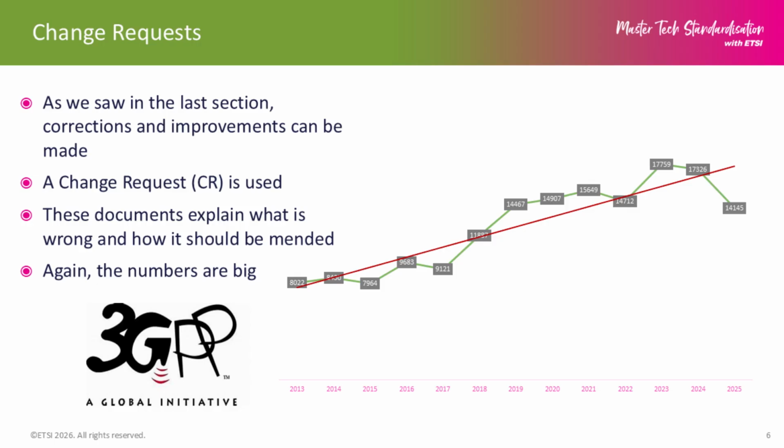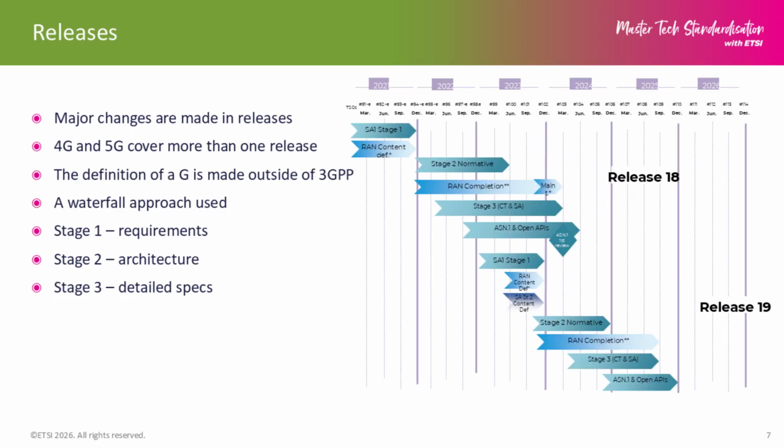And again, member organisations can have a look at those change requests, and it will explain what the problem is, how to fix it, and then we'll show you the changes required in the specification. The Secretariat, also known as MCC, will actually implement those changes and update the version numbers of the specifications.